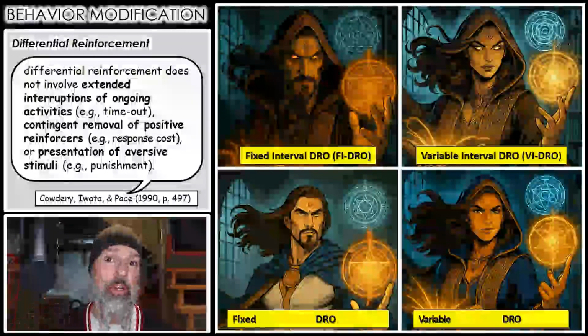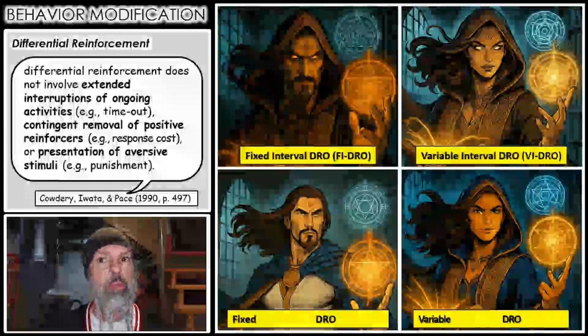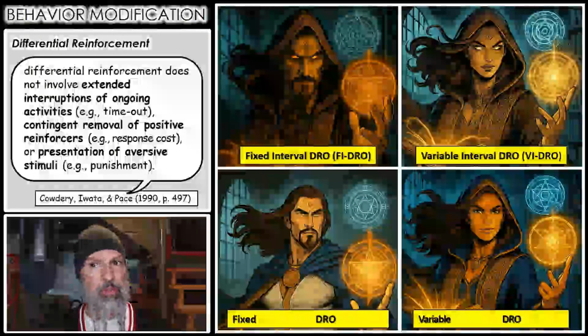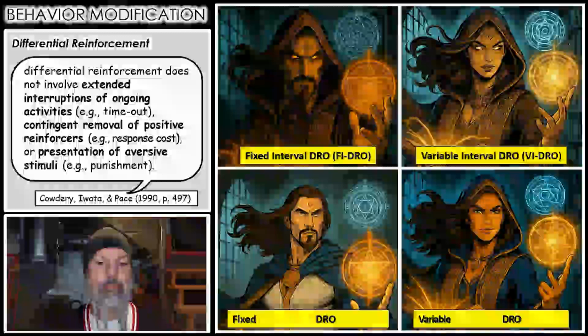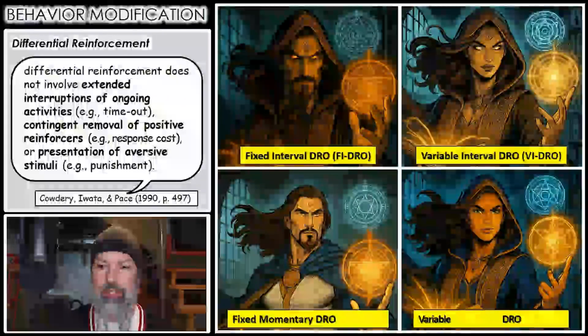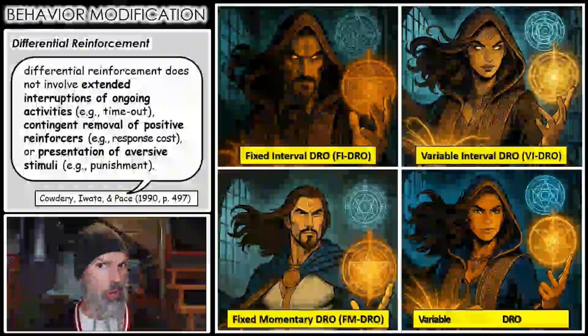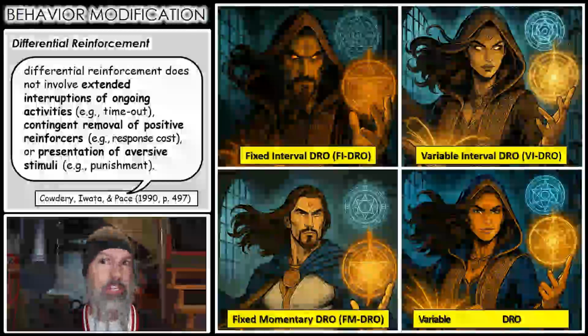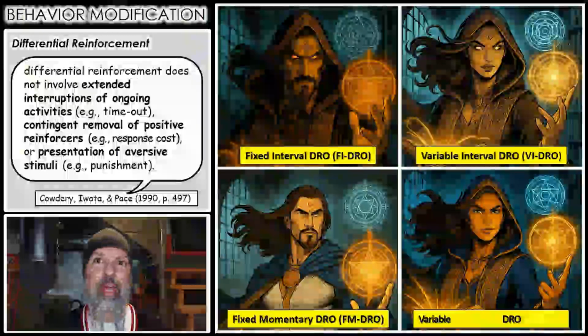There is another version though, and these are the momentary differential reinforcement of other behaviors. So on a fixed momentary DRO, or FM-DRO, these are getting a little weird, FMDRO, that sounds like a late night rock and roll station.